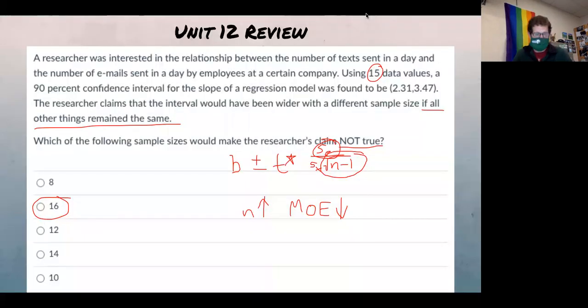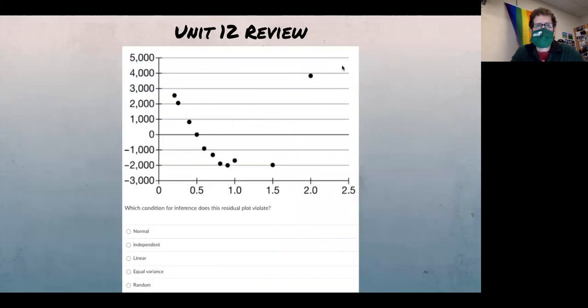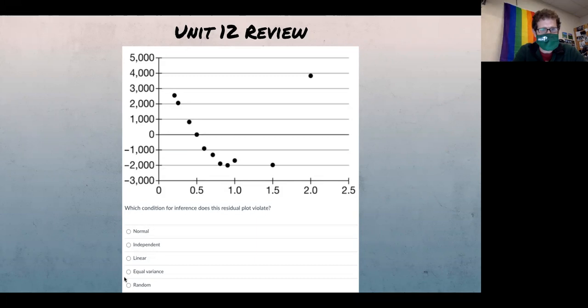All right, so essentially that's what's going on with that problem. So let's look at another one. So we have our linear right here for the conditions. To be fair, this kind of violates two of them. And it's really hard to pick which one is the better violation. So what I hope that you've come down to is it's either going to be nonlinear or that it doesn't have equal variance.